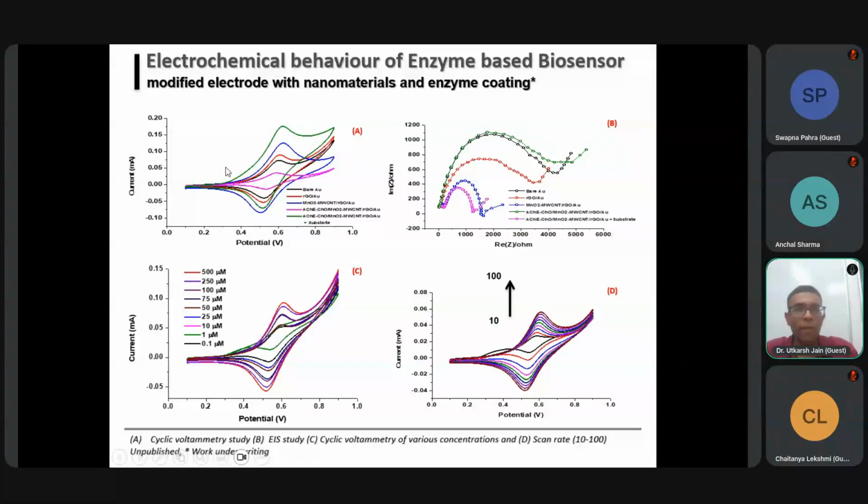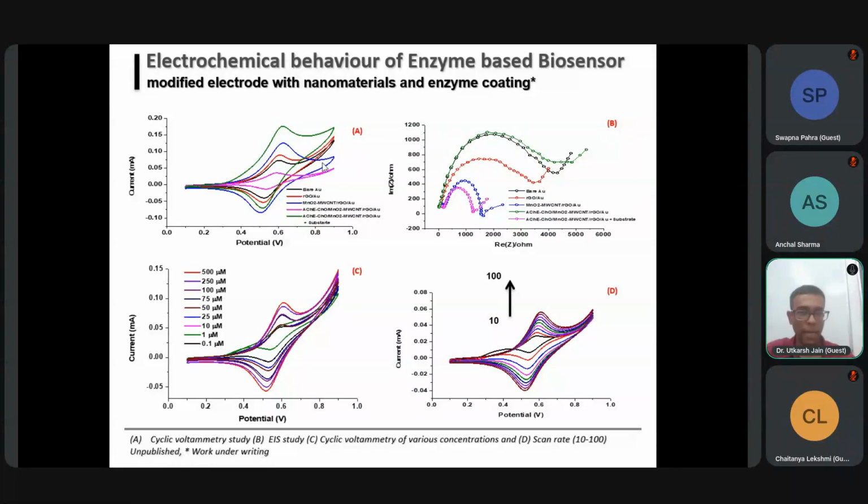In the cyclic voltammetry, as I told you, we need to have proper characterization of all the stages, from the electrode to the coating of nanomaterials to the coating of enzymes to the detection with the substrate, and in an enzyme-based biosensor, what signal we are getting. So this is the oxidation peak of a cyclic voltammetry, and this is the reduction peak of the cyclic voltammetry graph.